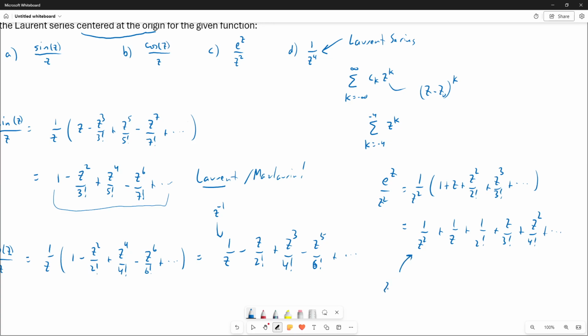We have z to the negative 2, and we have z to the negative 1.